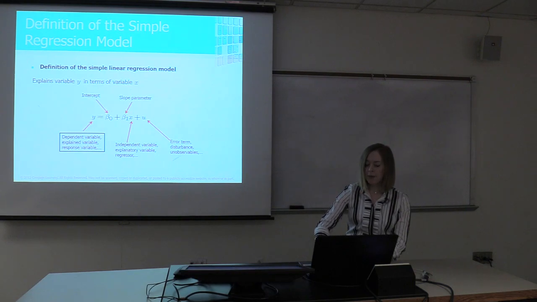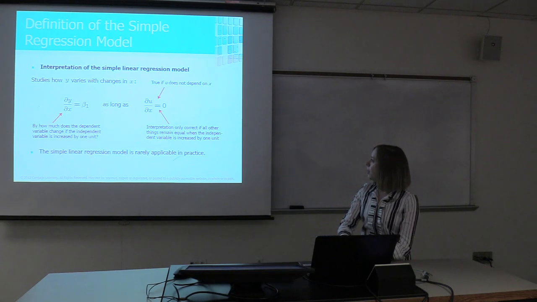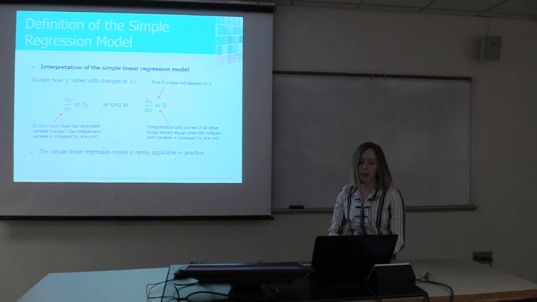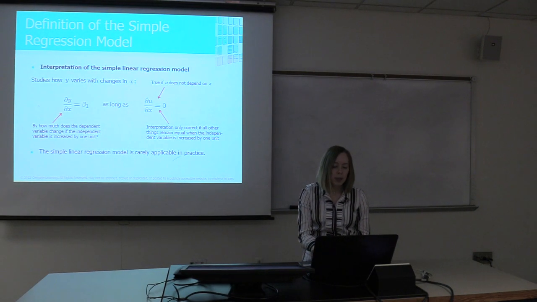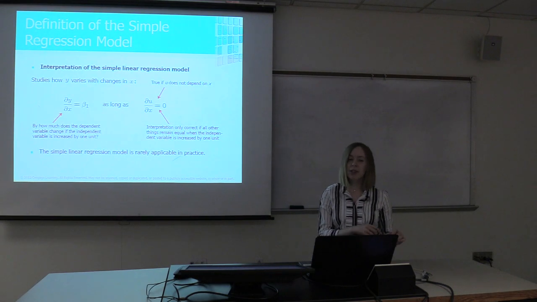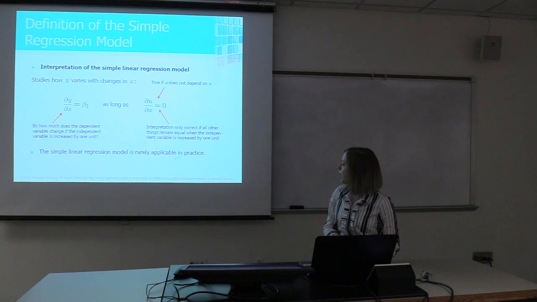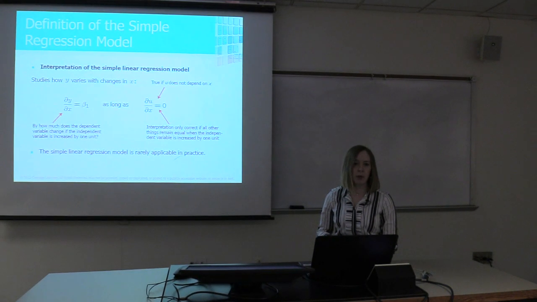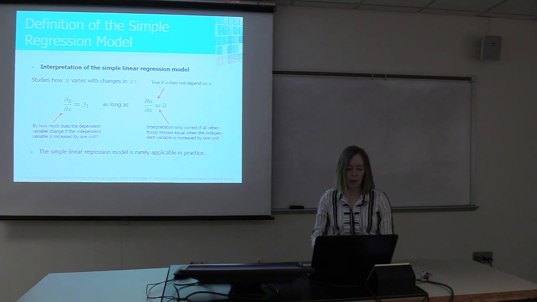And then if the derivative of u with respect to x is 0, then we get that the derivative of y is beta 1. And the cool thing here is this statement relates exactly back to ceteris paribus, because this says all other things remain equal when the independent variable changes. So that's exactly what our ceteris paribus statement was, that nothing else changes.